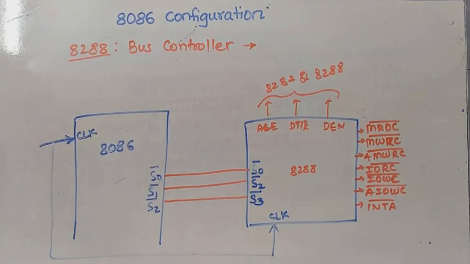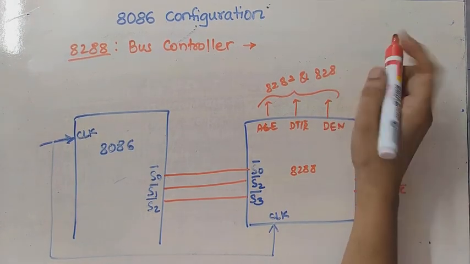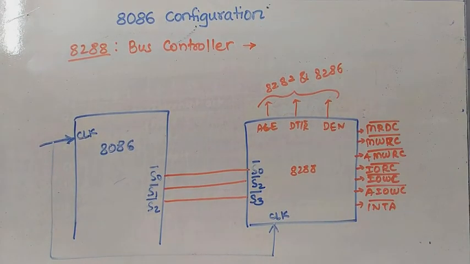So this is the interfacing of 8288 and 8086.